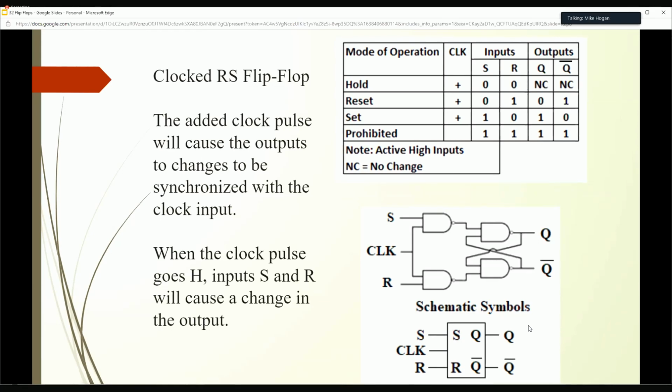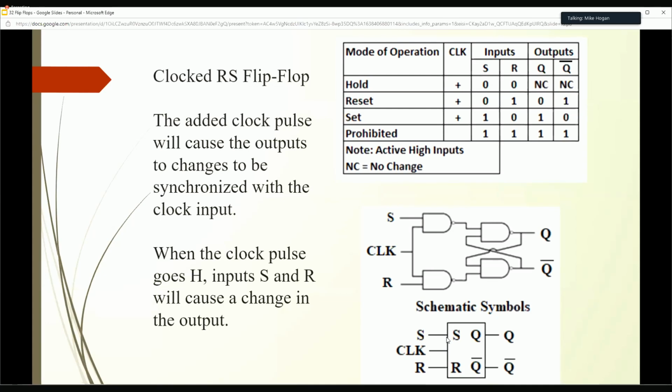So let's just take a look at what happens. Let's go to hold. If we get a 0 on S and a 0 on R, meaning that neither of these inputs are active because they're both active high.